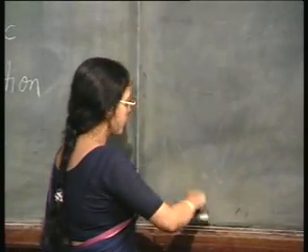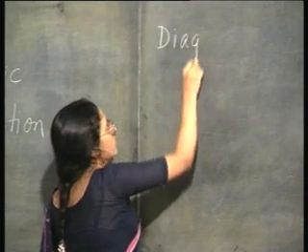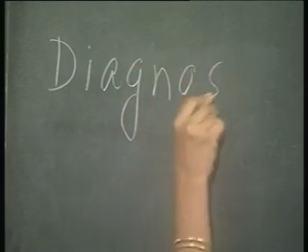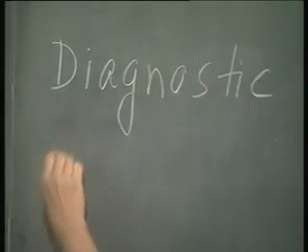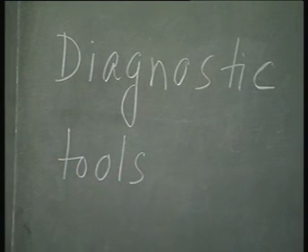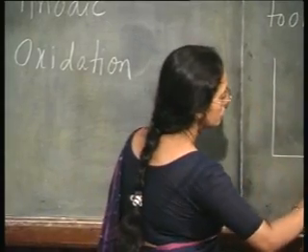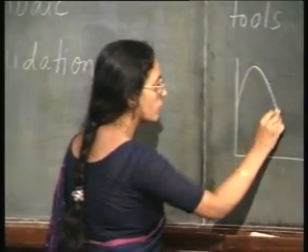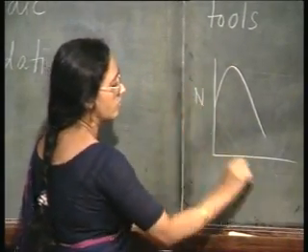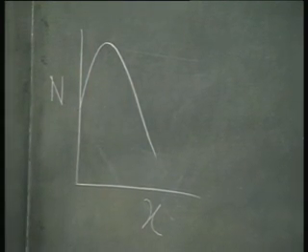That is to say, by using anodic oxidation, one can accurately determine various facts about the semiconductor. For example, suppose one wants to find out the doping profile in a silicon sample. Let us say the sample is doped and it has a doping profile like this, N versus X. This is the doping concentration with the distance.